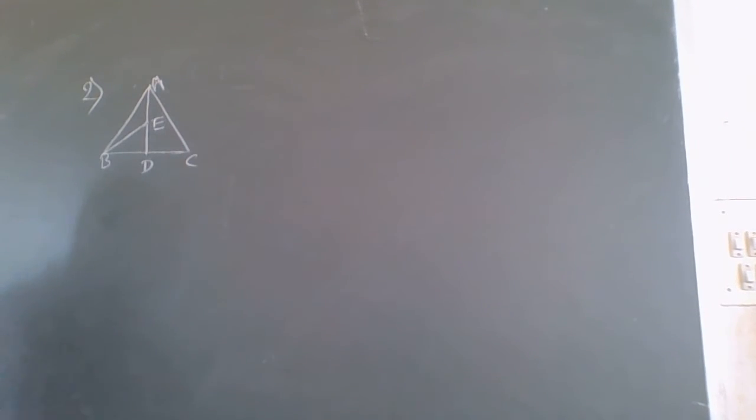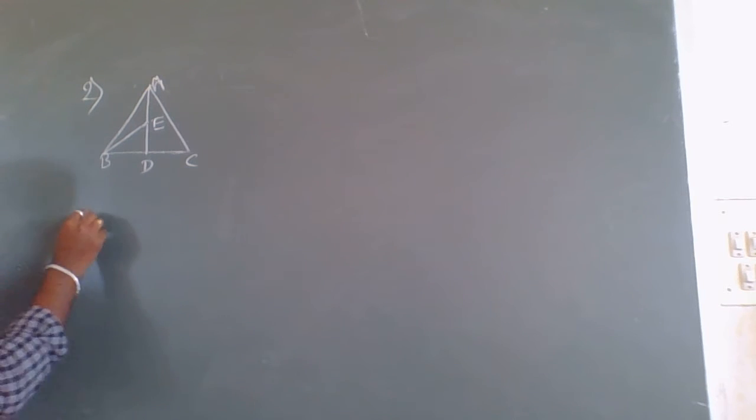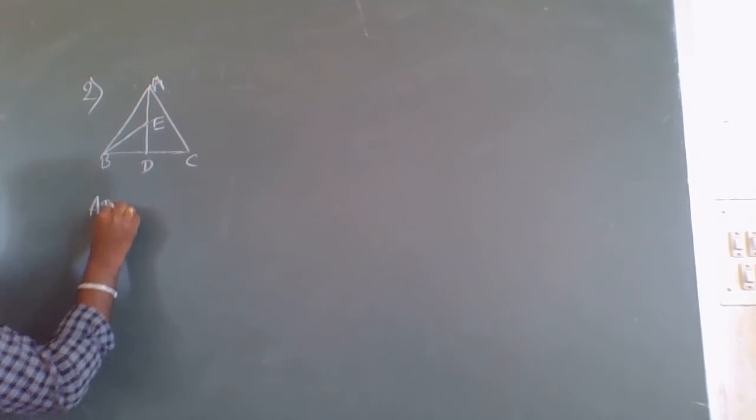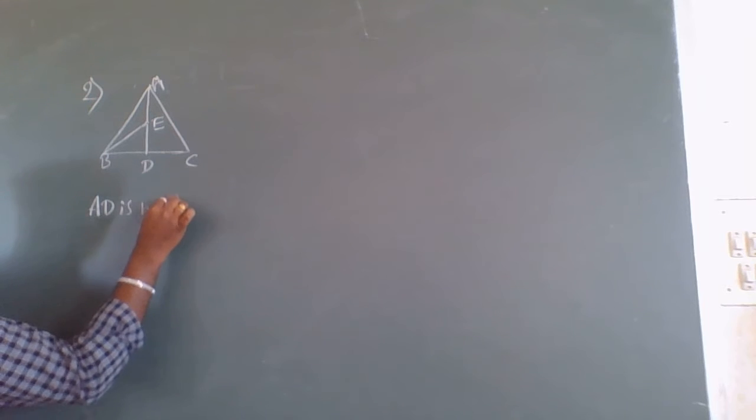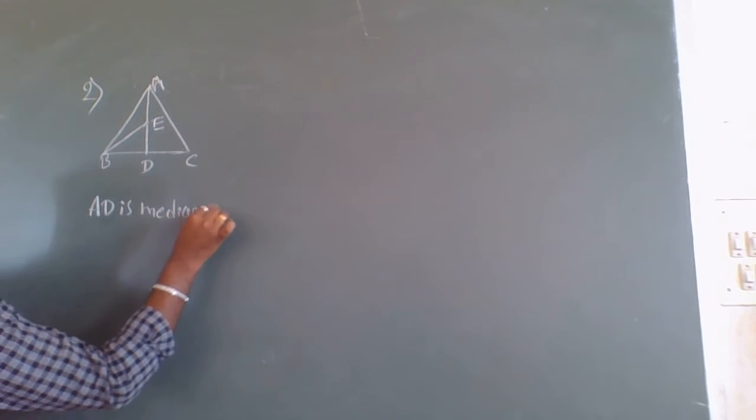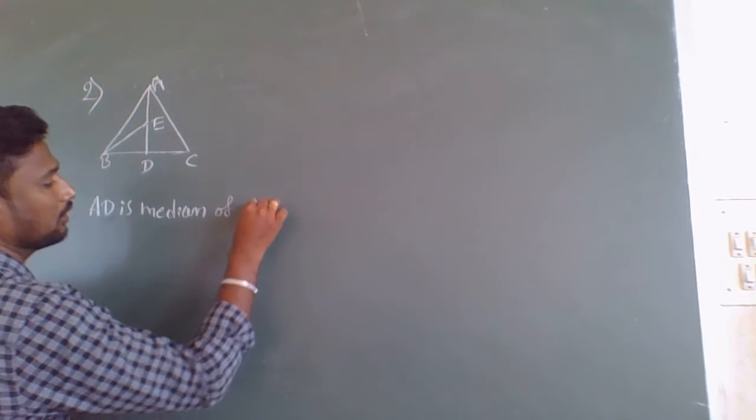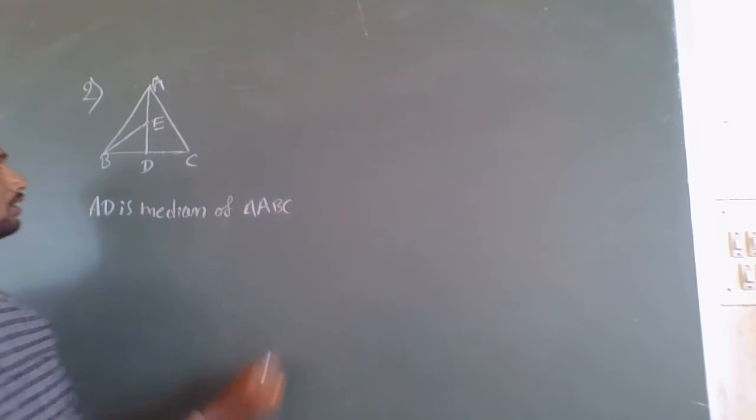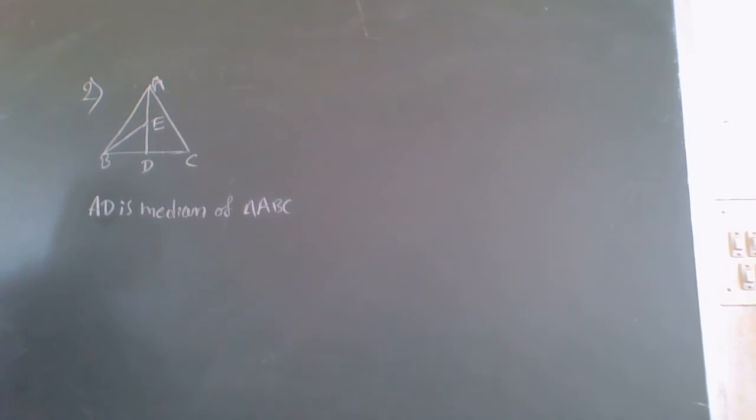So here AD is the median of triangle ABC.